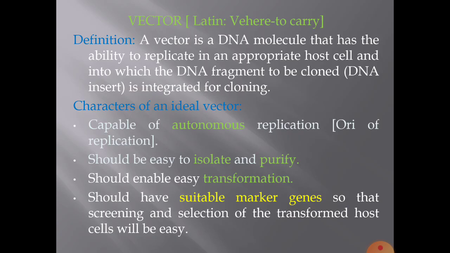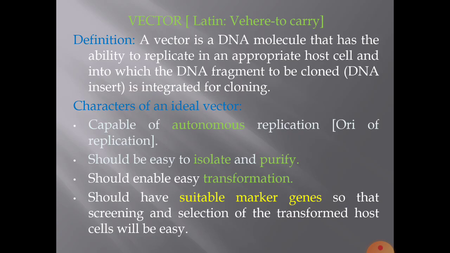Now, what are the characters of an ideal vector? If I want to have a vector, what are all the characters I expect to be present in it? One is they should be capable of autonomous replication. They should be able to replicate on themselves.